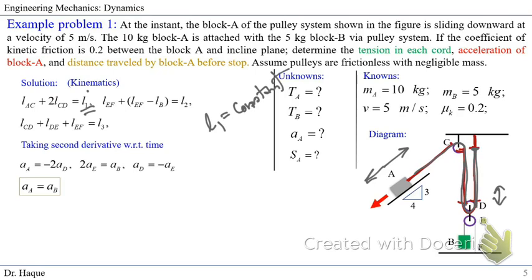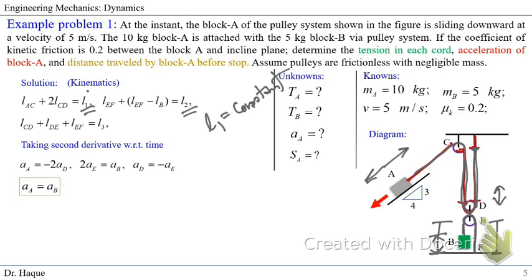So L1 is constant. Now we look for another relationship, which is L2, which is LEF. So we're working on block B. This length, and we again neglect this part. And then this length, how we get this length, we assume this length is the same as EF minus LB, the length from the ground.